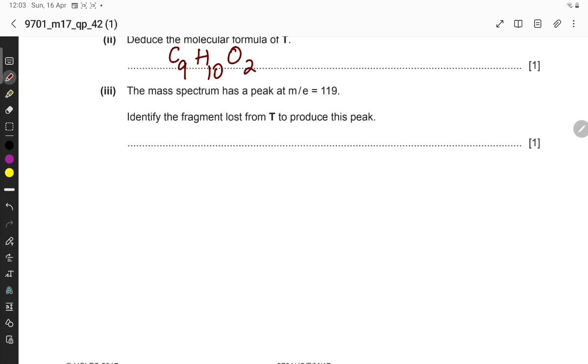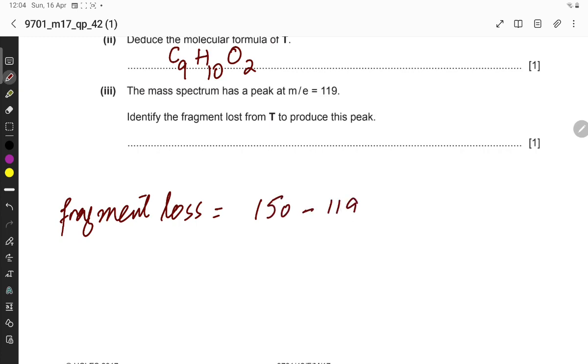first find out which fragment is lost by subtracting. Fragment lost is equal to 150 minus 119.